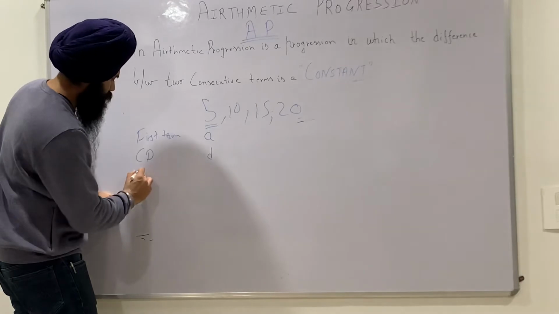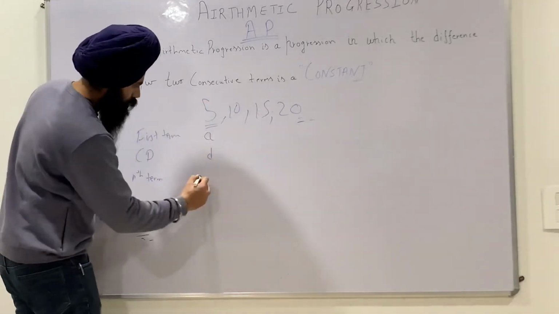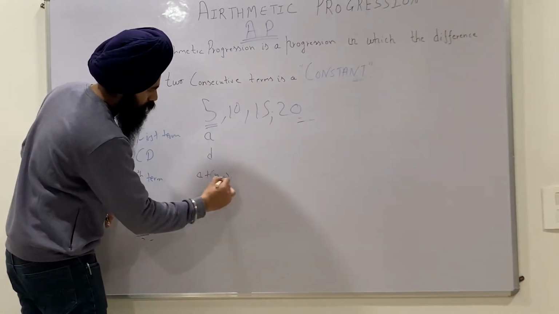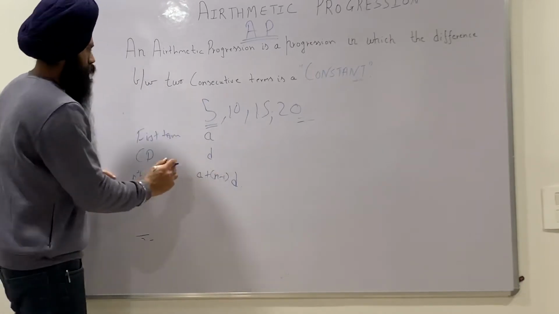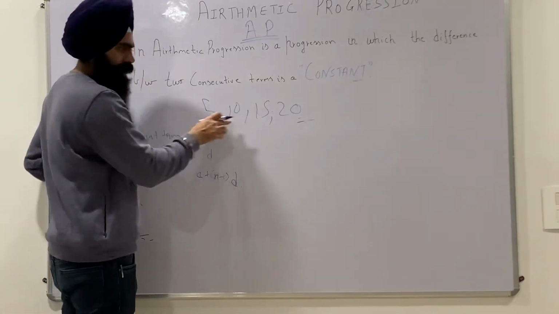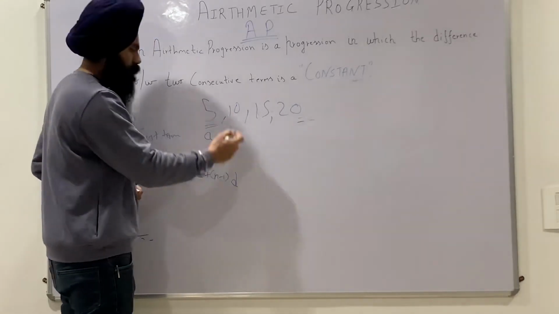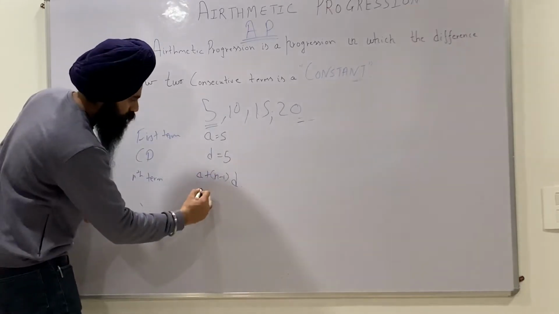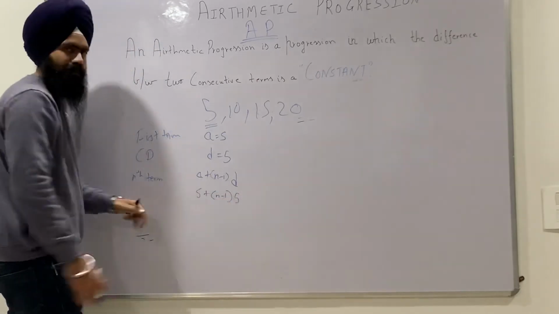And the nth term means the last term, and the formula is a plus (n minus 1) d. Now see here, what is a? The first term is 5, and the difference is 10 minus 5, which is 5. And for the nth term, a is 5 plus (n minus 1) times the common difference. We can solve and we will get the answer.